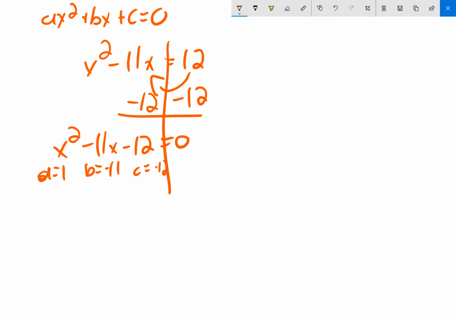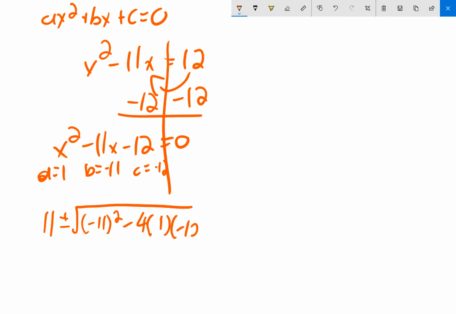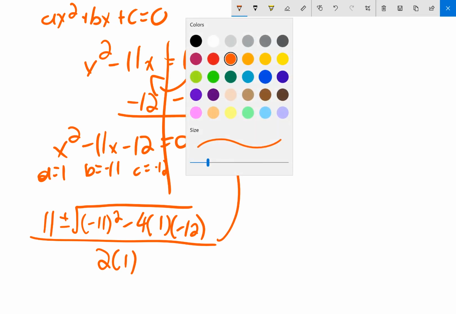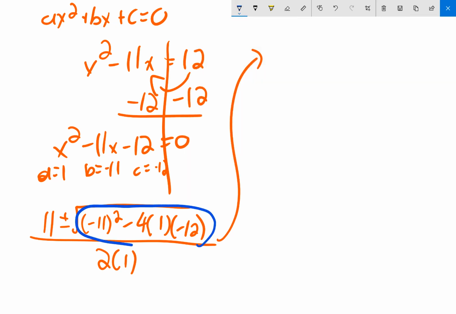So I'm going to use that in my quadratic formula. So that's going to become negative b will be a positive 11 plus minus square root of negative 11 squared minus 4 times 1 times negative 12, all divided by 2 times 1. So when I type all this in my calculator, and I'm talking about the stuff inside the radical sign, let's see what that gets me.